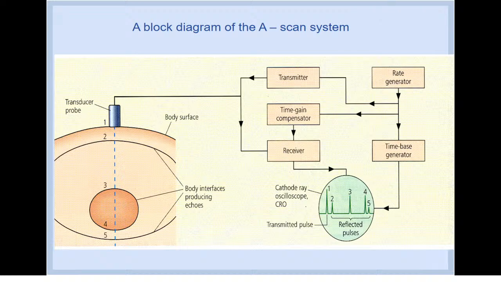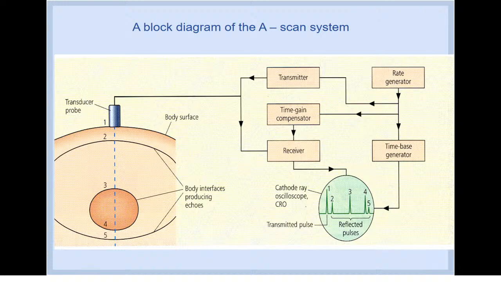To ensure that they are not lost, they are amplified more than those originating close to the probe, using time gain compensation. This increases the gain of the receiver with time at an appropriate rate, a technique known as time gain compensation.